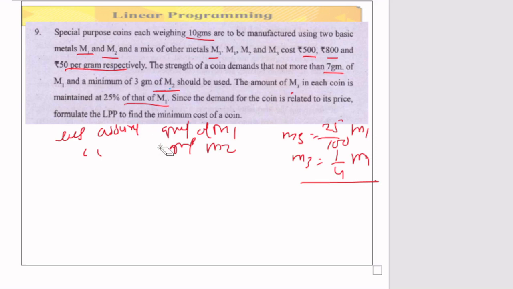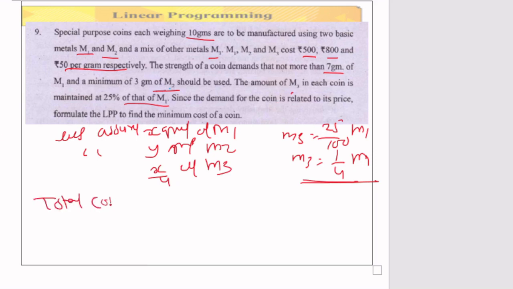So we will take x and y: x gram of M1 and y gram of M2. And M3 is x by 4. Why? Because it's given that 25% of M1 can be consumed.